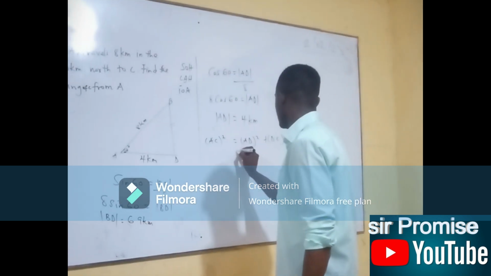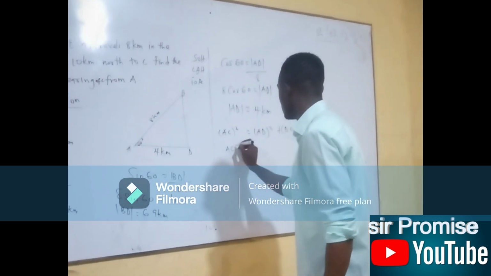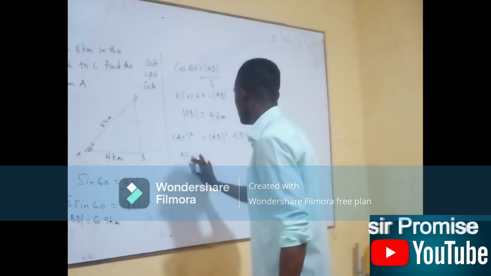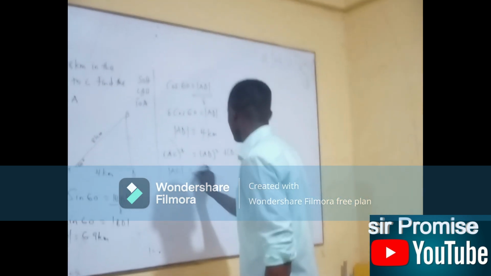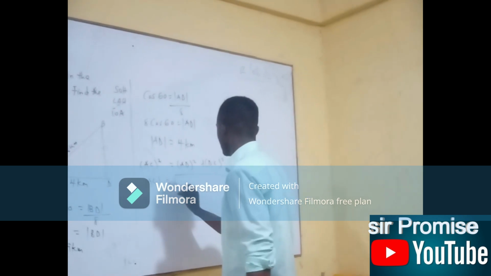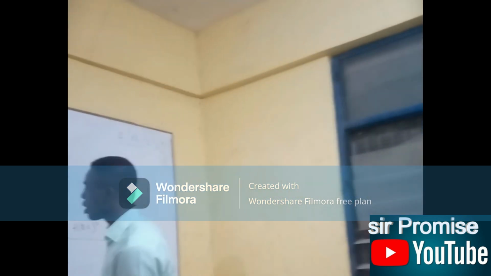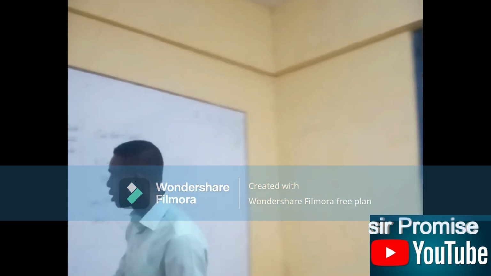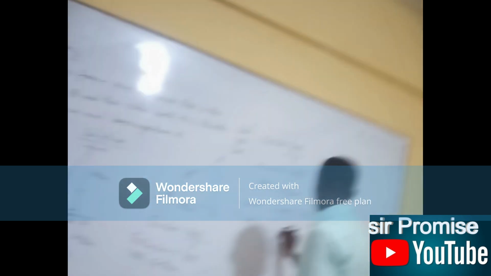Okay, so we are finding this. So AC can be in this way. So what is the AD? We have AD to be 4.